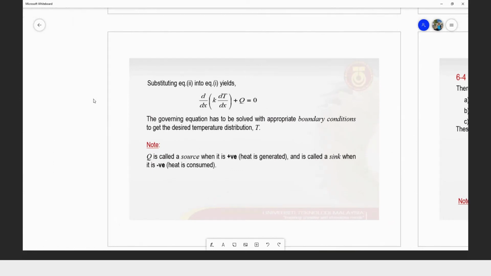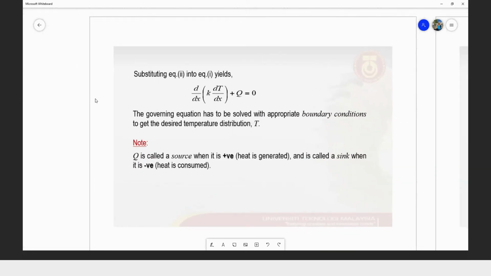The new governing equation can be developed, and it must be solved with appropriate boundary conditions. So this equation perlukan kita definekan boundary condition untuk kita selesaikan dia, untuk kita tutupkan the mathematical equation dia.